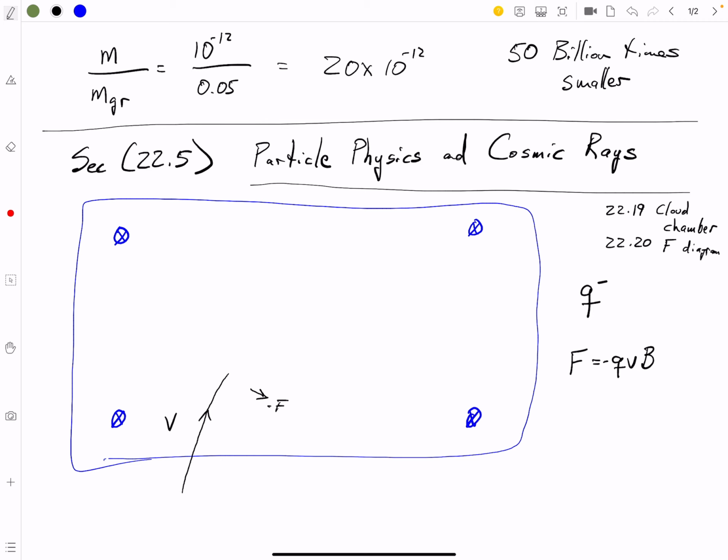We'll leave that one. And we've got some momentum going, so it's kind of screaming in here, and then it does something like this, and eventually it ends up going in a circle of radius r. All right, and our force, the force of the magnetic field, is equal to our centripetal force because it's holding it in.